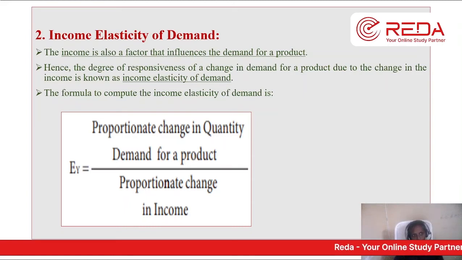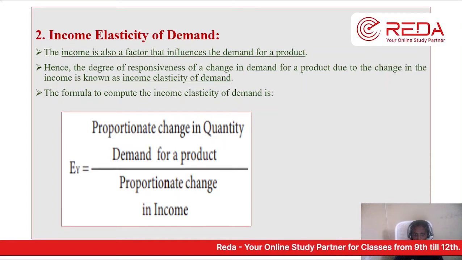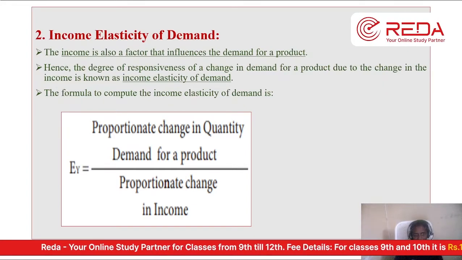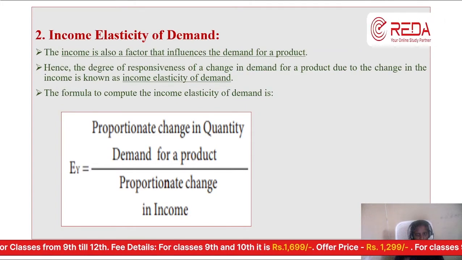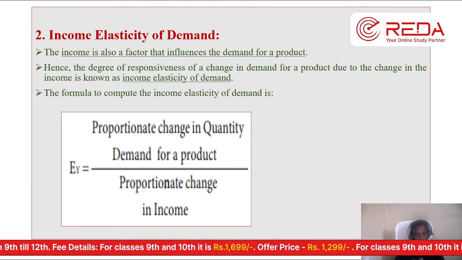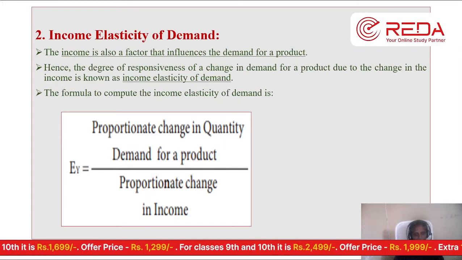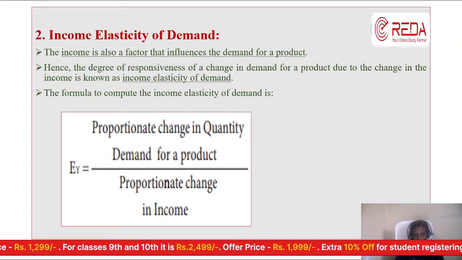Income is a factor which influences changes in the demand for a commodity, which we call income elasticity of demand. Proportionate means the same ratio. The same ratio of change in the income of the consumer leads to proportionate change in the quantity demanded for a commodity.